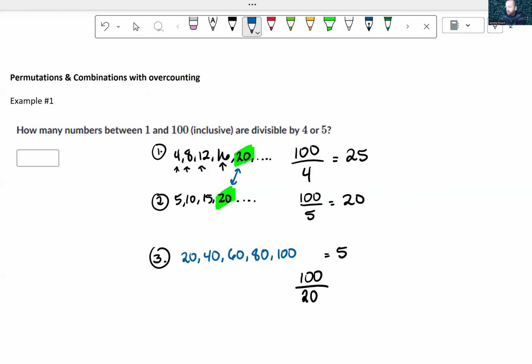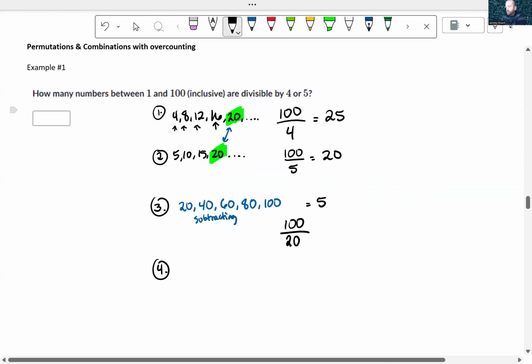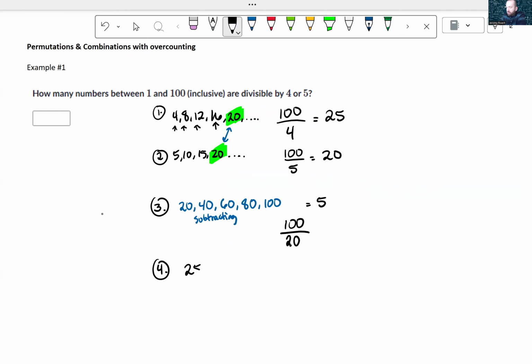So this is the part that we're subtracting because it's been counted twice. So now we're going to combine all of this. How many numbers between 1 and 100 are divisible by 4 or 5? Well, there's 25 multiples of 4 plus 20 multiples of 5, and then we're subtracting 5 of those because 5 of them are duplicates. And so we should get 40 numbers for our final answer.